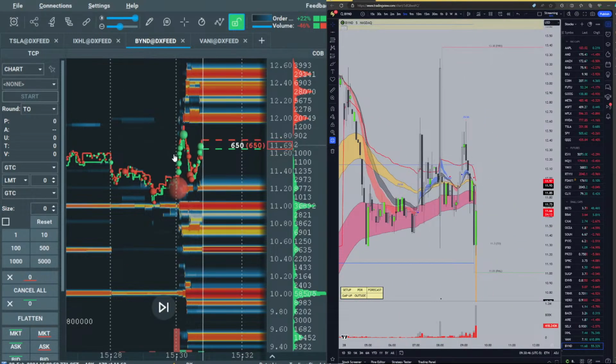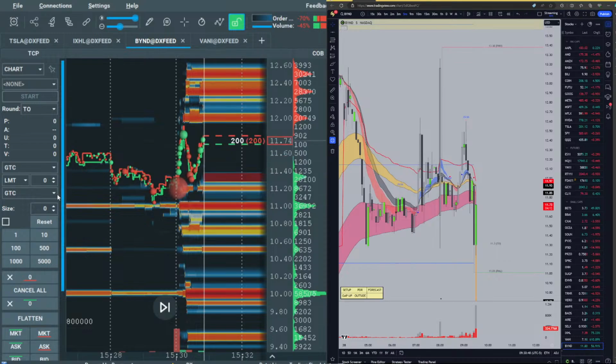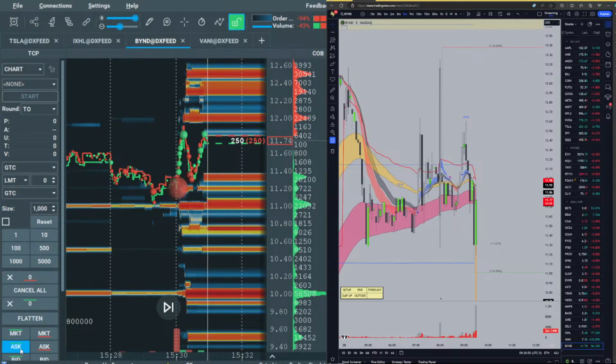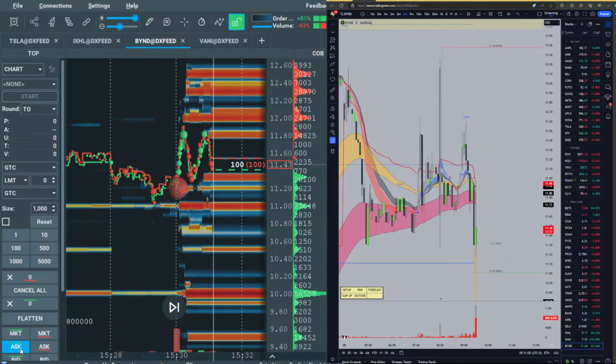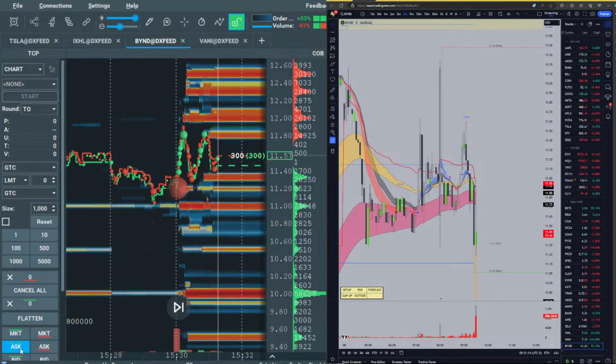You can see that we start making a cup pattern. IXSL is starting to push. Vanny over here halted. We have over here BYND, still not a long play.